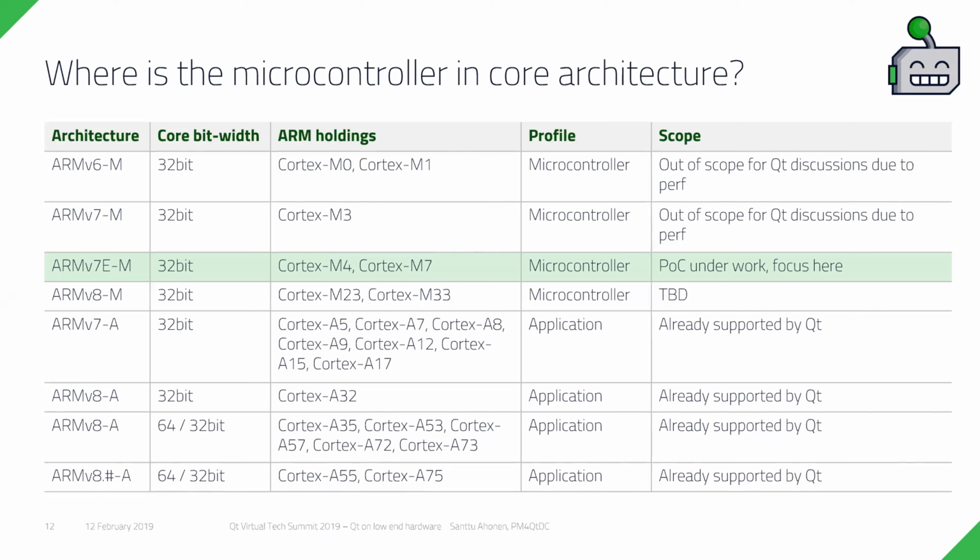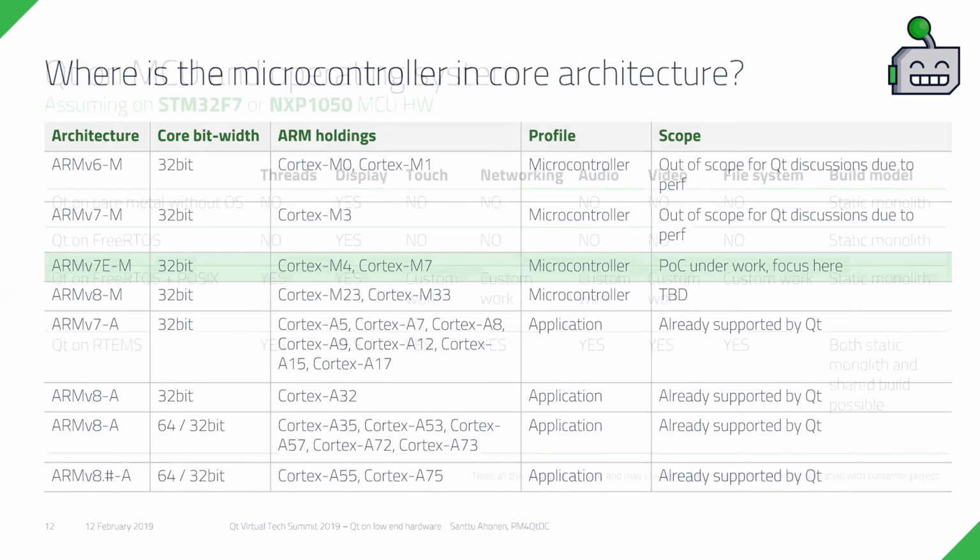Currently, we are looking into Cortex-M4 and Cortex-M7. And then to put them on the map with all the other Cortex ARM generations, the Cortex-A's are already supported by Qt quite well. So as I said, this is the old stuff for us.